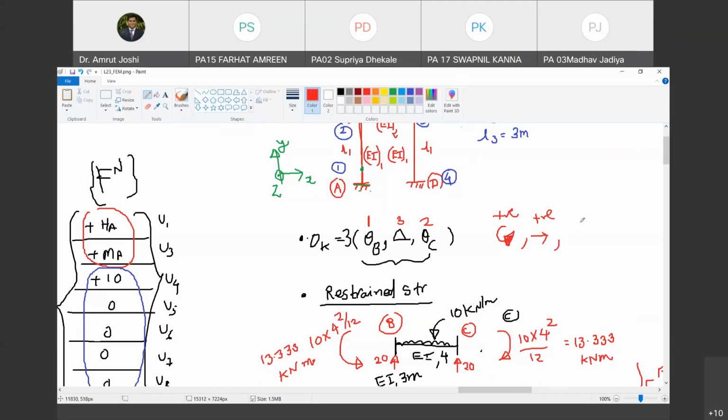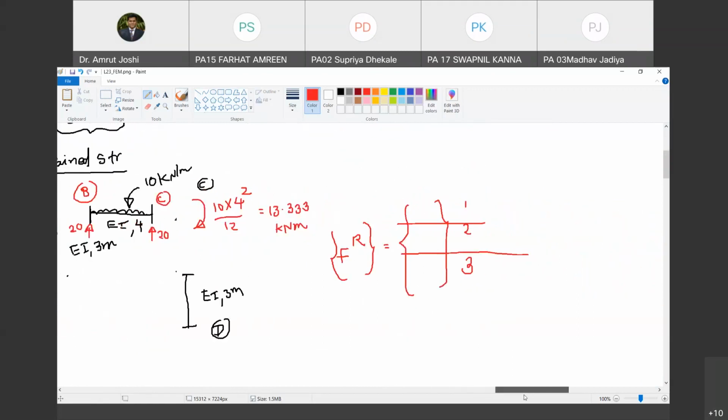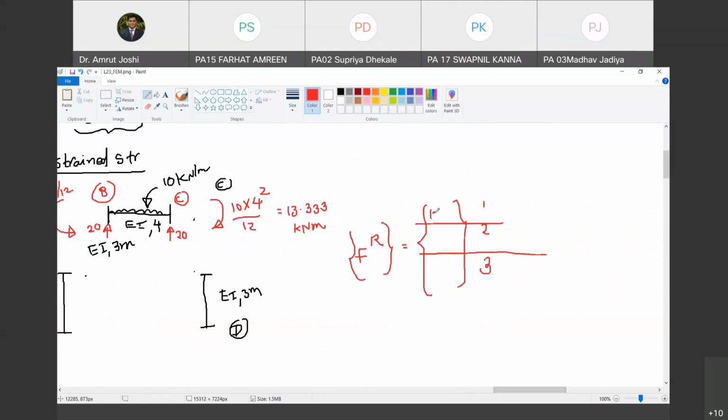And again, anti-clockwise moment positive is the sign convention for theta c. Happy? Yes. So should I write plus 13.333 or minus 13.333? Sir, plus 13.333. Yes, because it is anti-clockwise. Great. So 13.333.